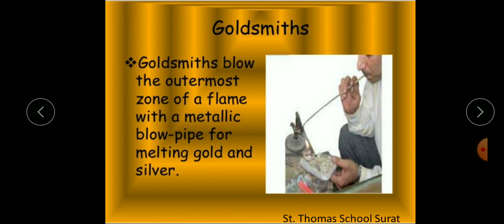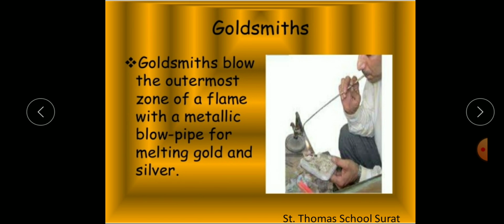Now you will understand why this goldsmith used the outermost part of the zone. They use a metallic blowpipe for melting gold and silver in the outermost zone of a flame. What did they used to do? They used mostly the outermost zone of the flame.